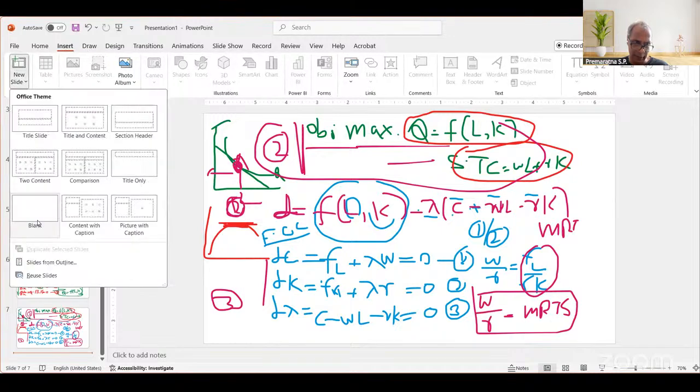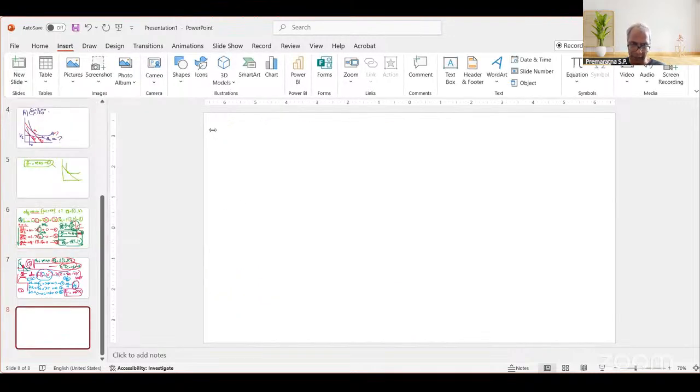Now I'm going to open another blank white page. In the exam, as in the previous case, I can give, for instance, an output function, say 5 L K. Then I can give you the cost.